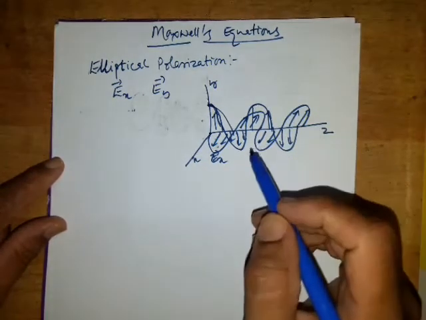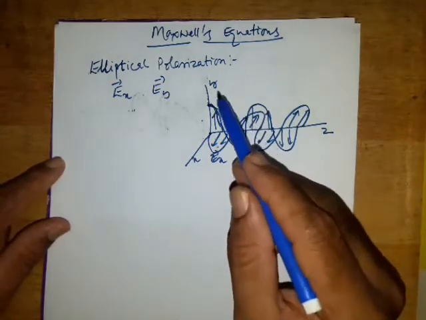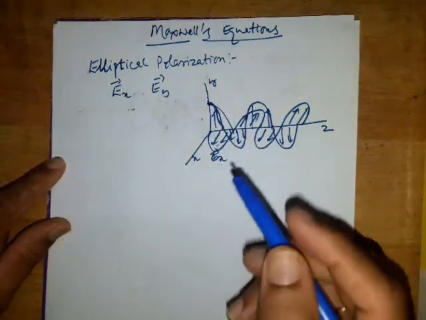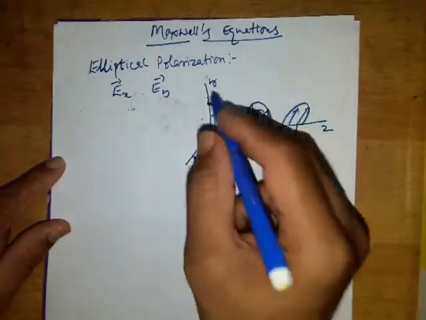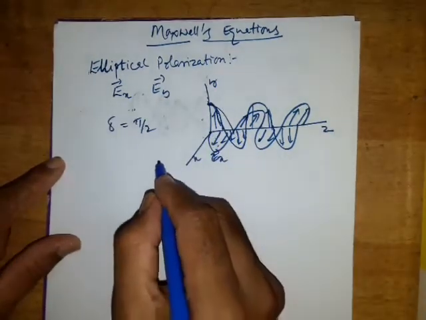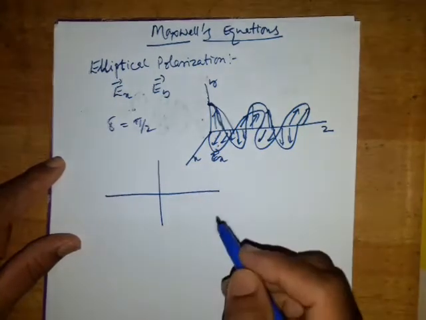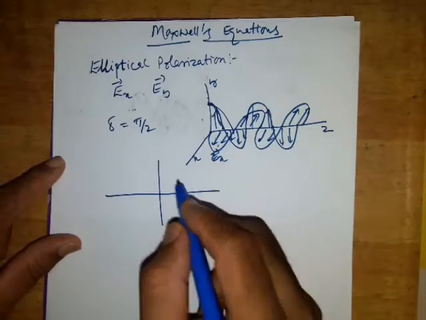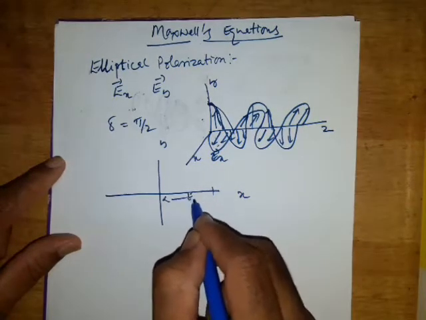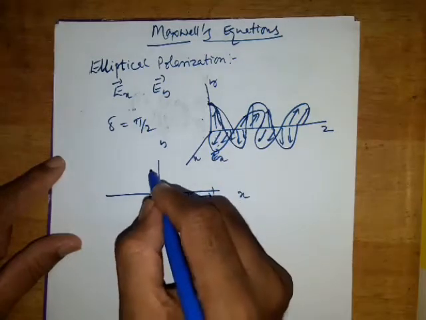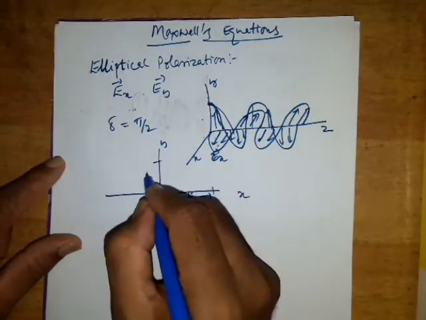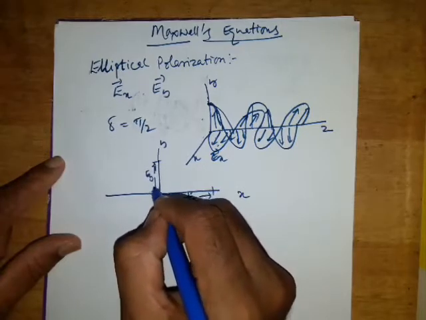So if that is the case, the tip of the resultant vector will trace an elliptical path, and you can see that if the phase difference between them is particularly pi by 2, then the resultant vector will trace, this is the x-axis and this is the y-axis, and along the x-axis this is Ex and this is Ey.